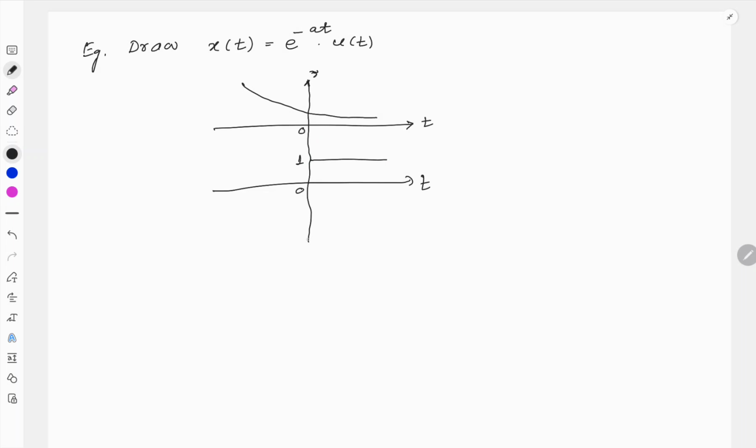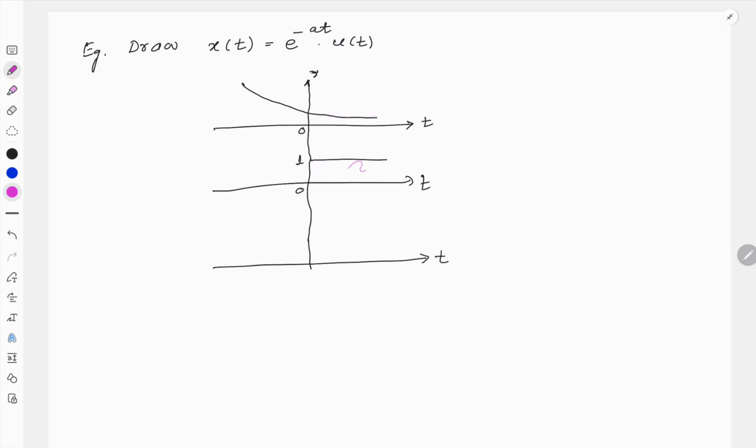Now if we multiply these signals, so if we look at the negative axis, here we have exponential, but for unit step it is 0. So exponential multiplied by 0, we get 0 signal. Second, in the positive axis, this is our exponential.